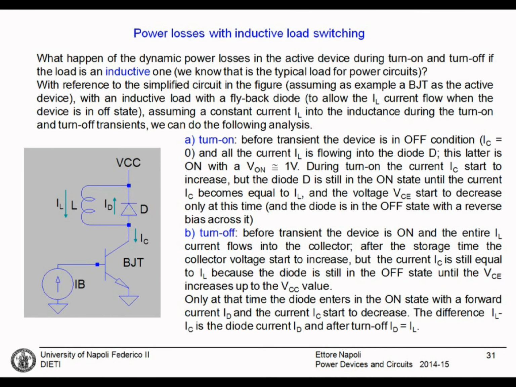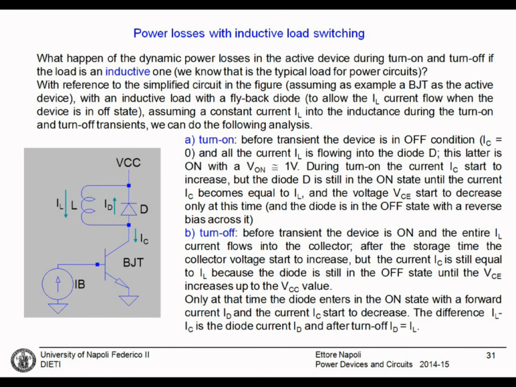For the simulation, sometimes instead of using the inductor, you can also use a current generator. In this condition, if the time constant of the inductor is very slow with respect to transient times, the current of the inductor is constant, and it behaves like a current generator.